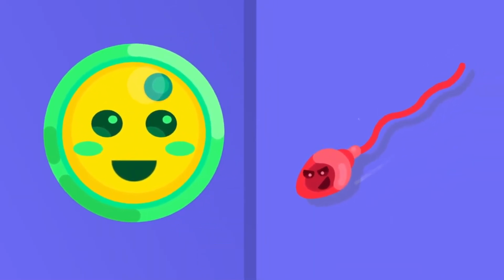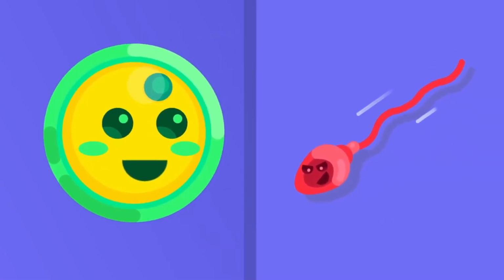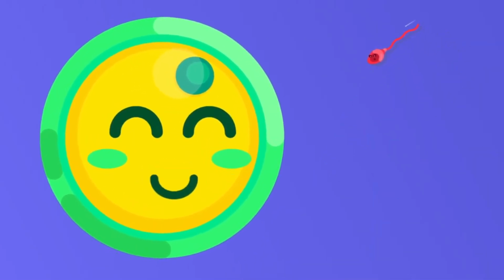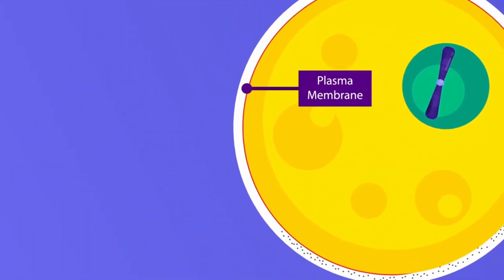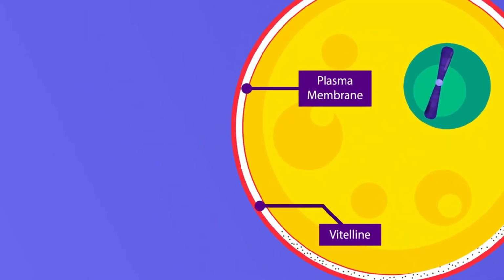Now, compare this with the diameter of the human sperm head, which, as learned in the previous video, is only around 2.5 micrometers. The egg, like the sperm, also has a large nucleus and contains a haploid set of chromosomes. A lot of cytoplasm is present and may contain a small amount of yolk. The egg has a plasma membrane, which, in turn, is surrounded by an outer membrane called the vitelline membrane.